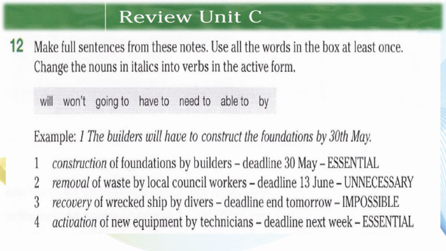But first, let's have a look at the words in the box. Will and the negative won't, going to, have to, need to, able to, and the last one, by. Now let's do the first one as an example before you pause the video and try to do the rest.